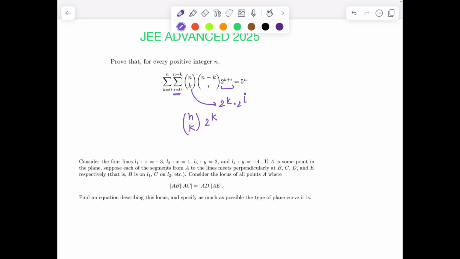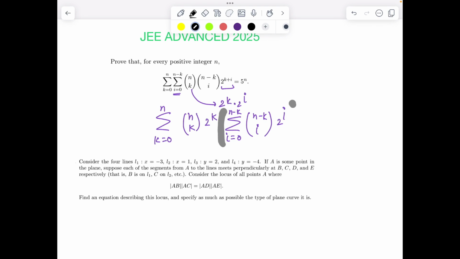So let's keep apart nCk 2 to the power k and put sigma over i equals 0 to n minus k, (n-k)Ci into 2 to the power i, and then sigma of k running from 0 to n.